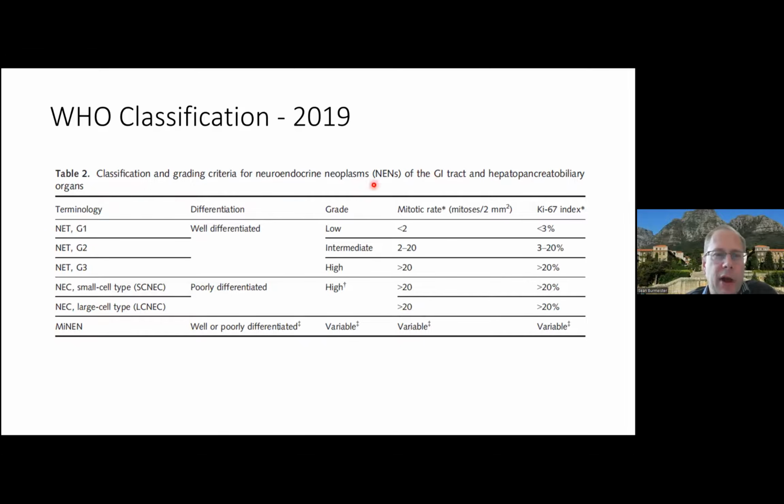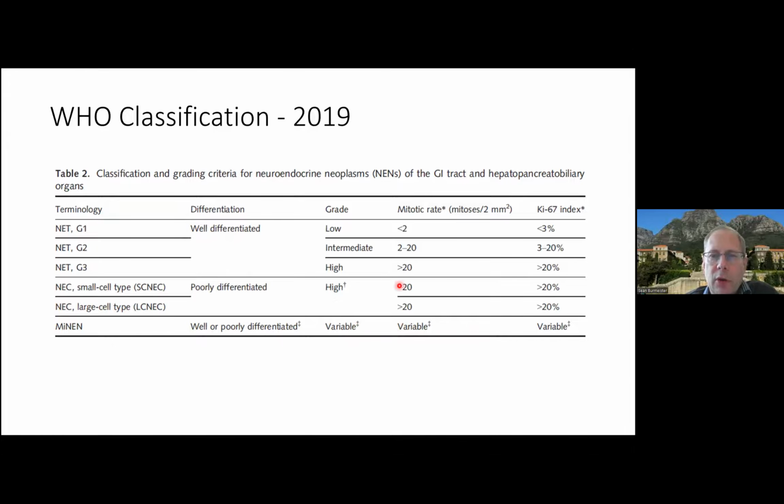Neuroendocrine neoplasms encompass both tumors and carcinomas. The tumors can be grade 1, 2, or 3, but they are all well differentiated. The poorly differentiated tumors are termed neuroendocrine carcinomas, and you get small cell and large cell types.